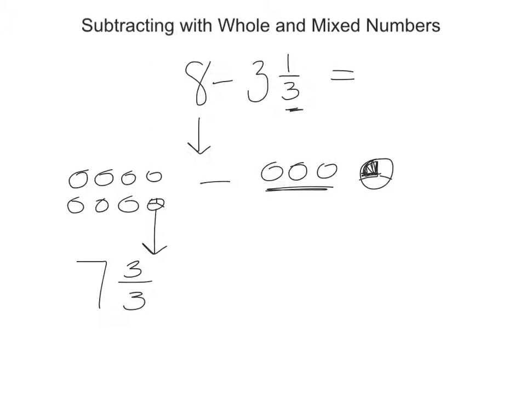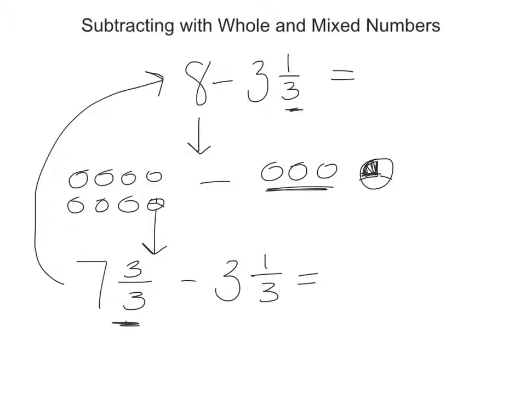And I know 3/3 is the same as a whole, and 7 and a whole pizza would still mean the same thing as 8. So all I did was rename 8 as 7 and then make a fraction worth 1 whole. Now I can subtract because I have fractions and whole numbers in this problem.